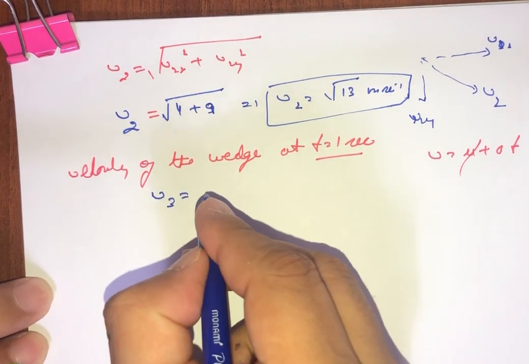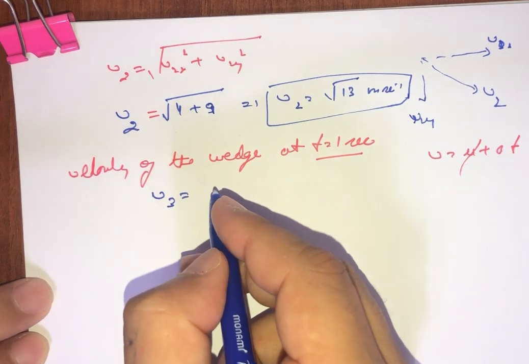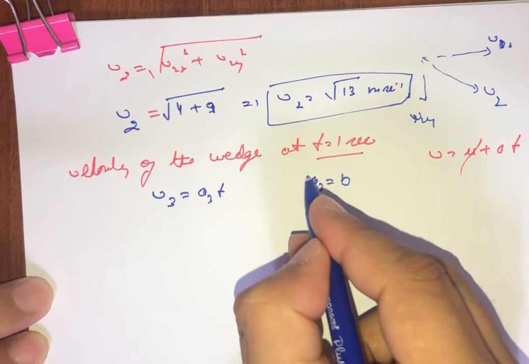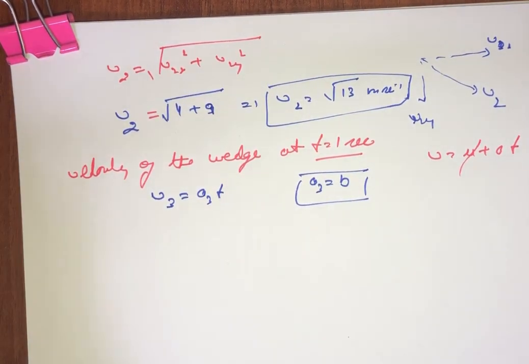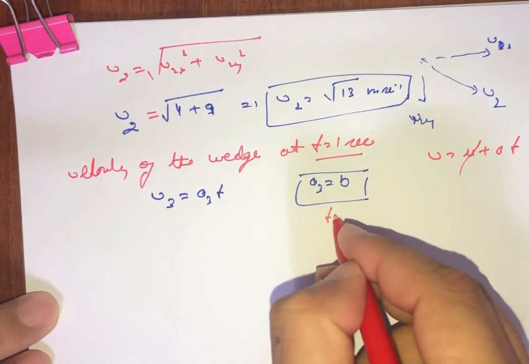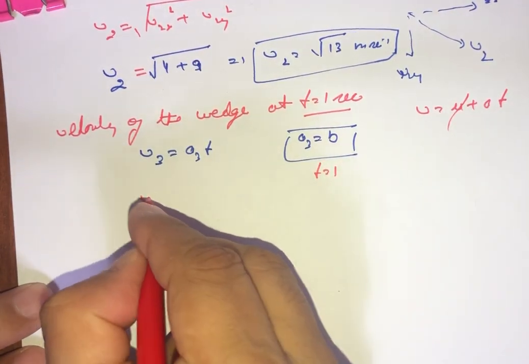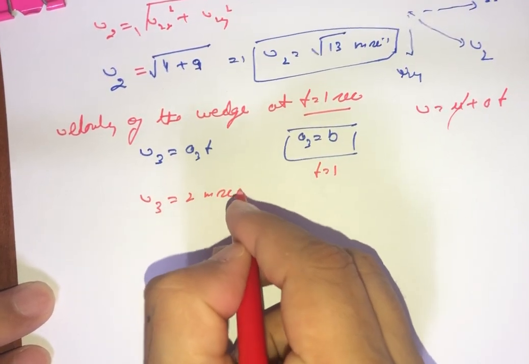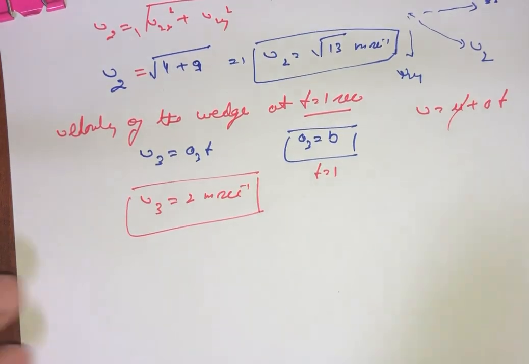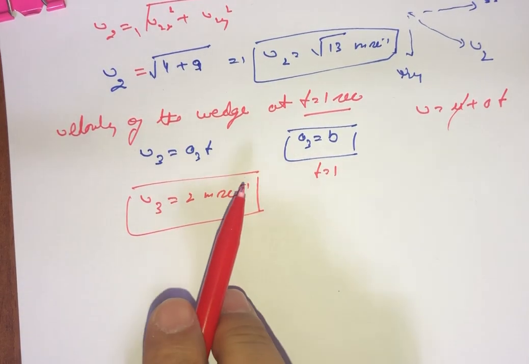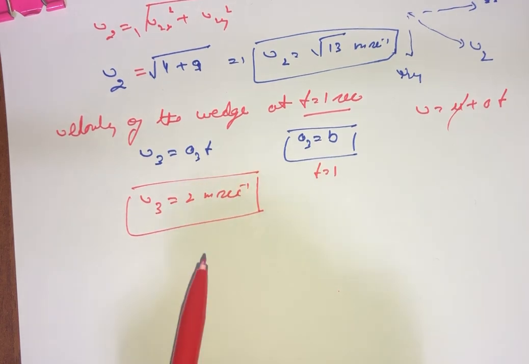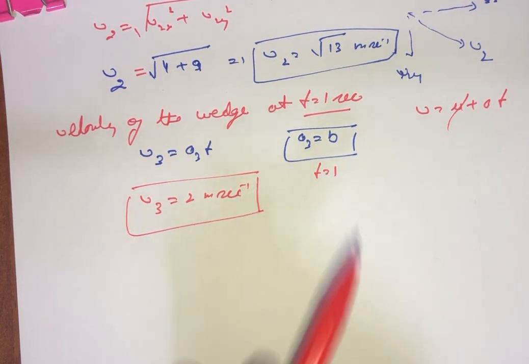So v3 is equal to a3 into t, and a3 is nothing but B. Putting both the values, with t equal to 1 second, we get v3 is equal to 2 meter per second. So we found the velocity of the wedge at the instant when M2 reaches the bottom. This completes the question. Thank you.